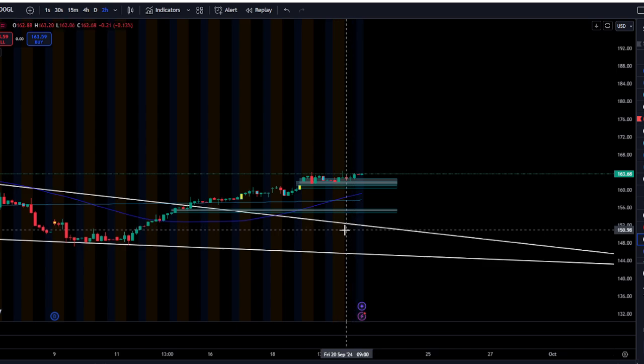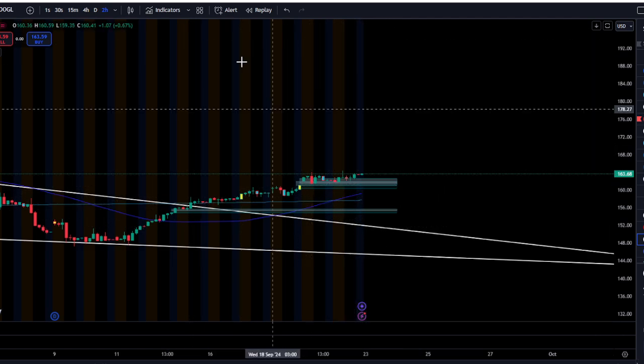Around 11, Google was at the lowest point 161.99, and the highest it was at was 163.22, and then it closed at 163.59.